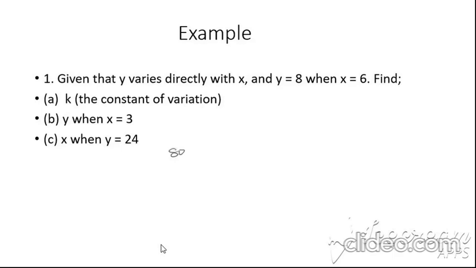They want k, the constant of variation, in this case. Solutions: how can you solve this type of question? First thing, you need to come up with an expression like the way we are doing.